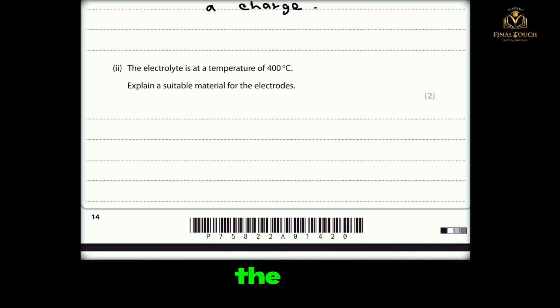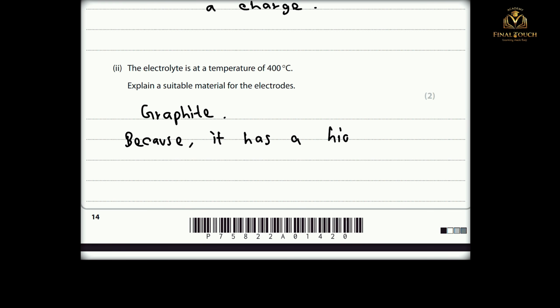Moving on to C2, the electrolyte is at a temperature of 400 degrees Celsius. Explain a suitable material for the electrodes. So usually for electrodes we use graphite because it has a high melting temperature.